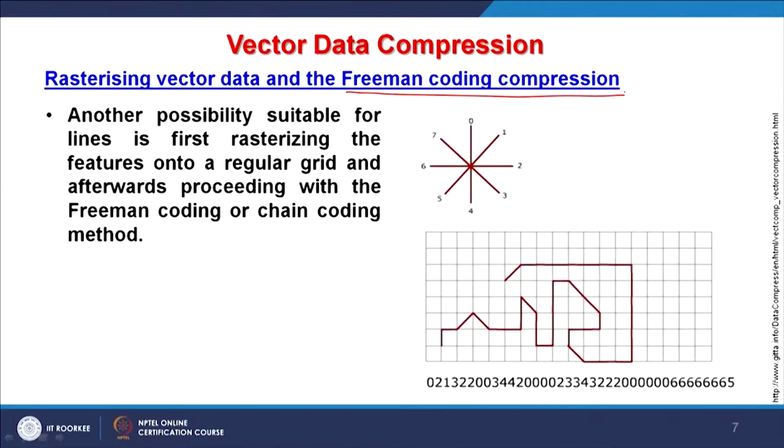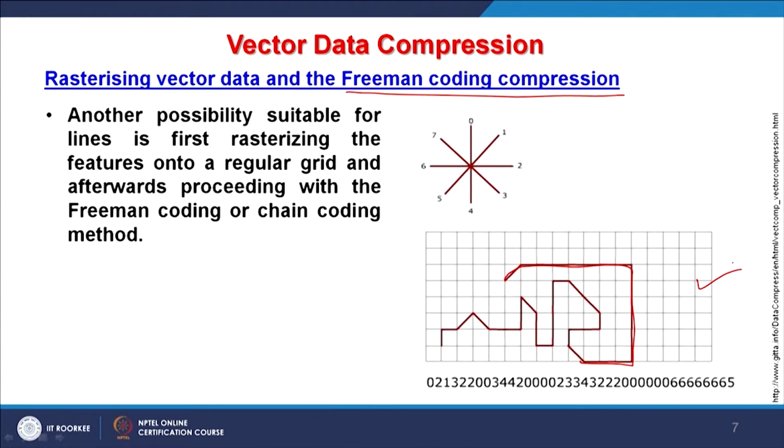So, the possibility here is to first rasterize the features, that is line features in our discussion, onto a regular grid, as shown here, where these are the lines and in the background we have the raster grid, and afterward proceed with the Freeman coding or chain coding method.